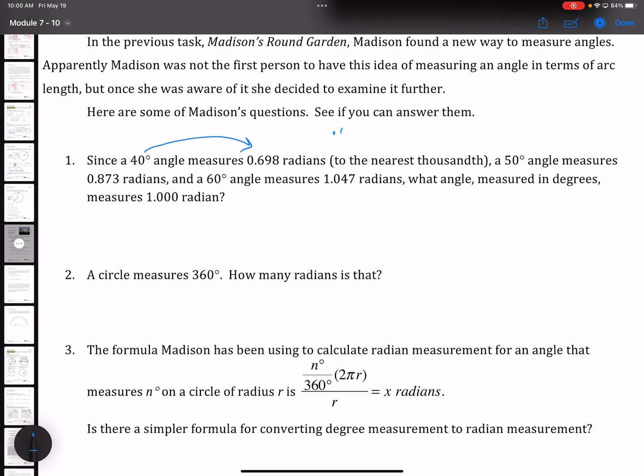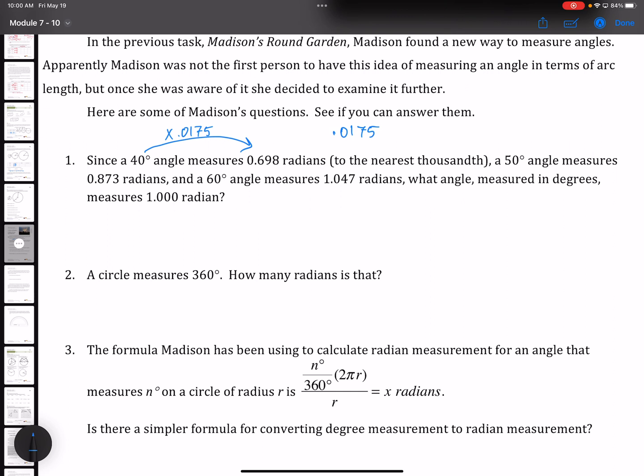So 0.0175 is our deciding factor. If I multiply by 0.0175, then I get these radians. But if I divide, then I'll get angles.